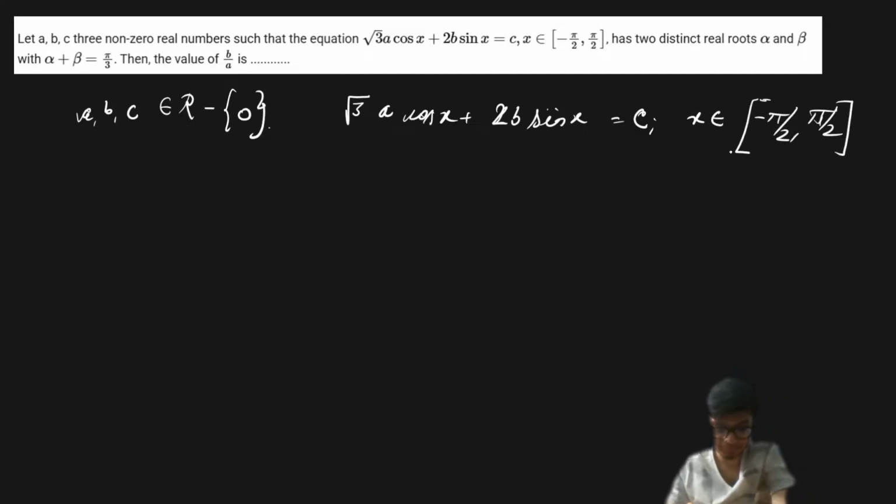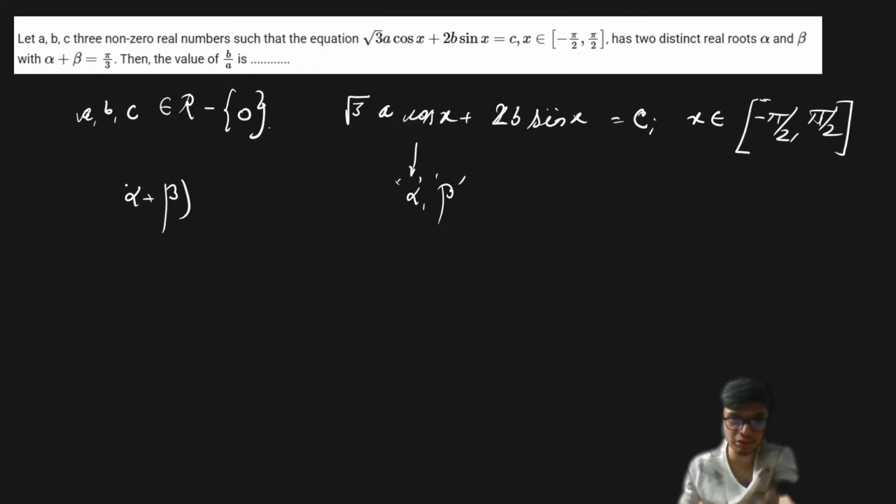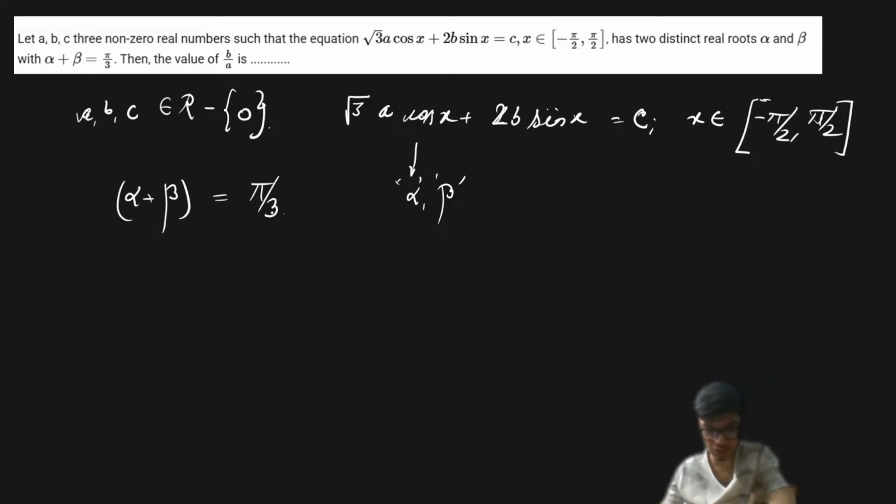This equation has two distinct real roots, alpha and beta, such that the sum of the roots, alpha plus beta, is pi upon 3. With this information, I have to find the ratio of b upon a.